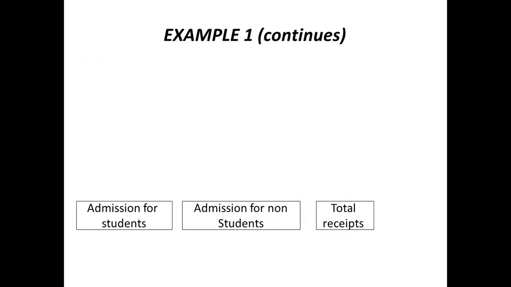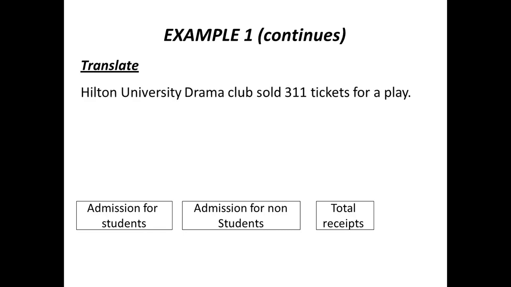Example 1 continued. Let's translate this into mathematics. The Hilton University Drama Club sold a total of 311 tickets for the play. This means that S plus N is equal to 311. The total receipts for the play were $385.50.